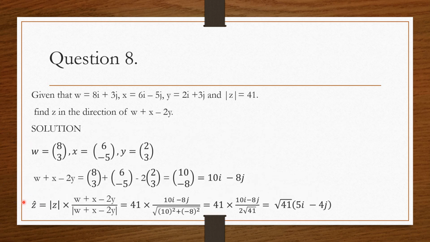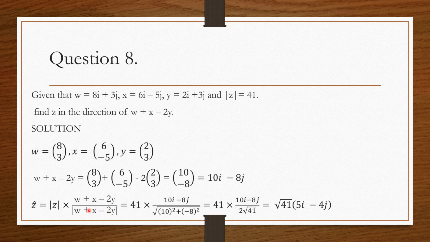So with that, now let's find z in the direction of w plus x minus 2y. So that will be the magnitude of z times the unit vector of w plus x minus 2y. So this is the unit vector, that is w plus x minus 2y over the magnitude of w plus x minus 2y.